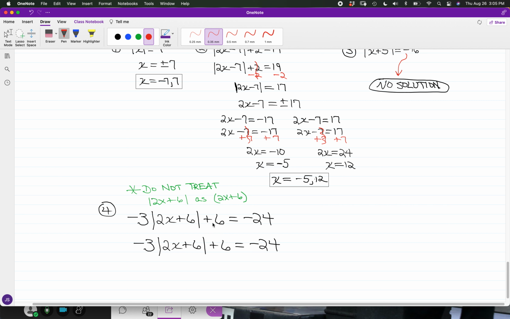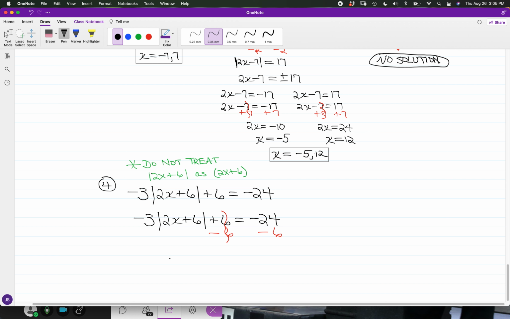First of all, we can undo the addition of 6 by taking this value away from both sides. And so we'll have negative 3 times the absolute value of 2x plus 6 is equal to, now we got negative 24 minus 6, so this will come out to negative 30.